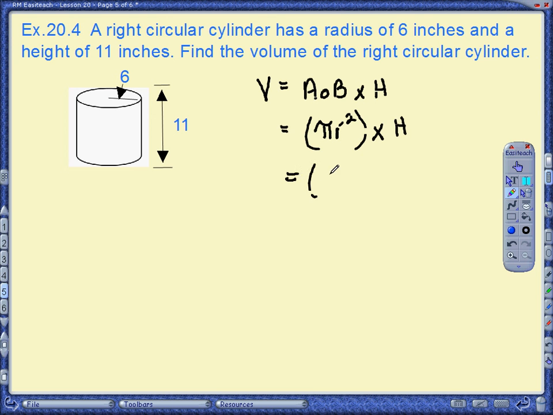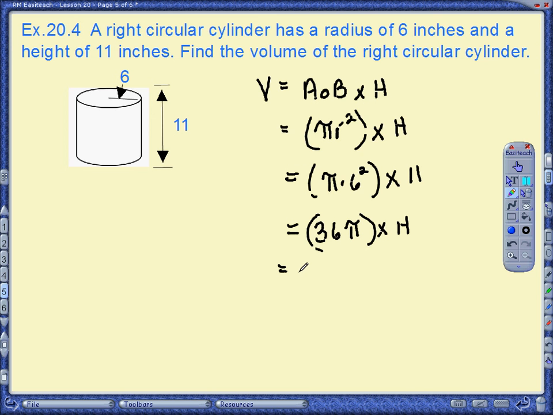The circle has a radius of 6. So I'm going to do pi times 6 to the second power, and the height of the whole shape is 11. Now I have 36 pi, and I'm going to multiply that by 11.